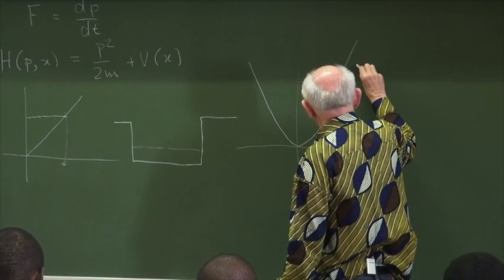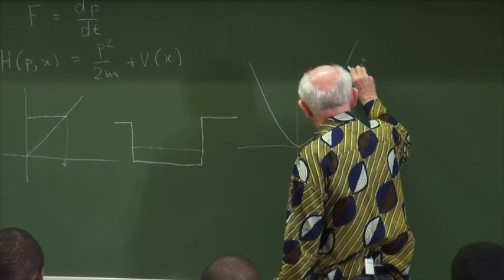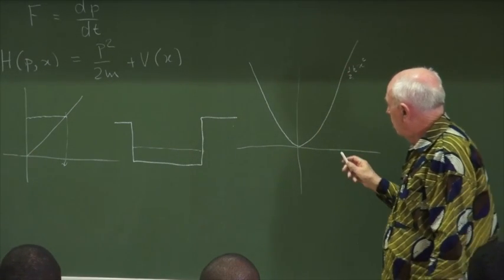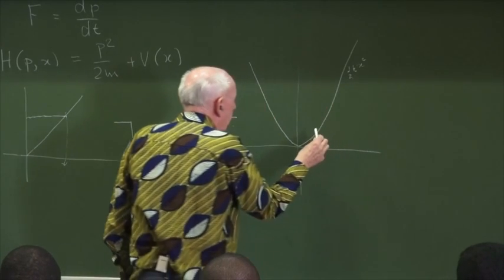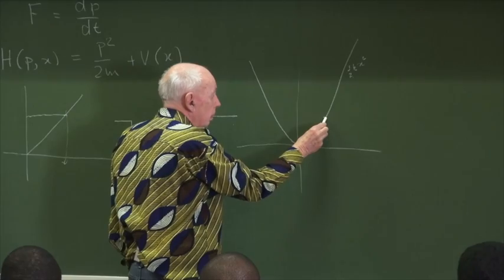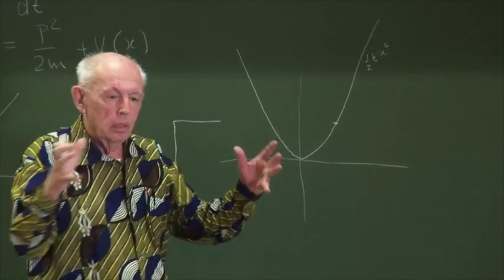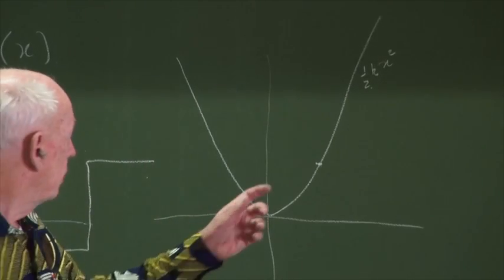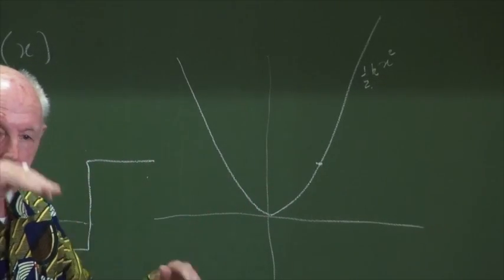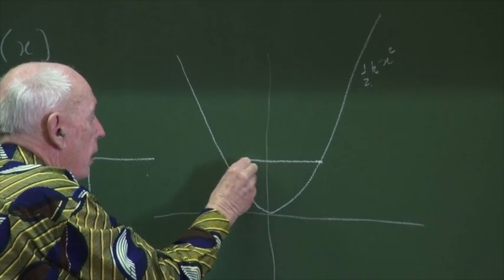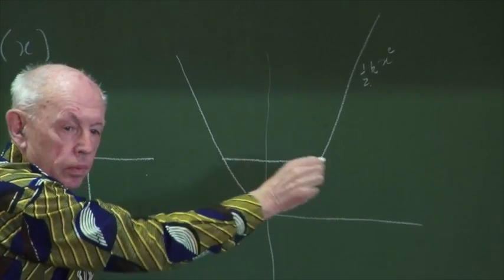It is x squared, one half k x squared, and we could then look at cases where we have a particle, say the little girl sitting on the swing, at some point x, and then it swings backwards and forwards and so on.